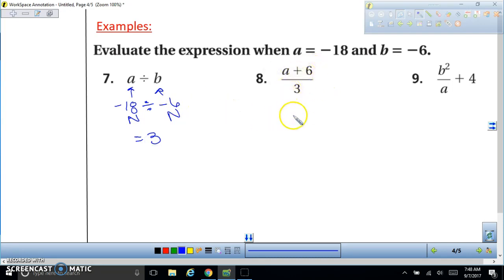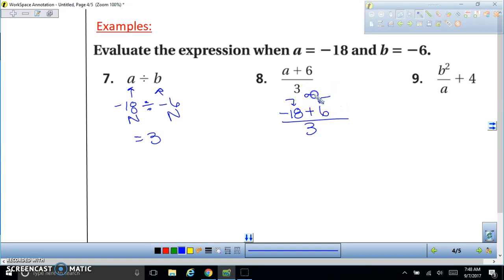Okay, plugging in A for number 8. Negative 18 plus 6 divided by 3. Got to simplify your numerator first in order to follow the order of operations properly. Negative 18 plus 6. So which one is further from 0? Negative 18 or negative 6.